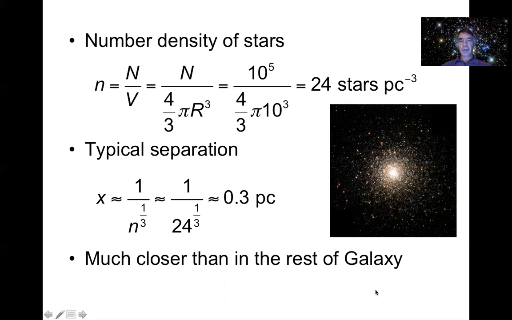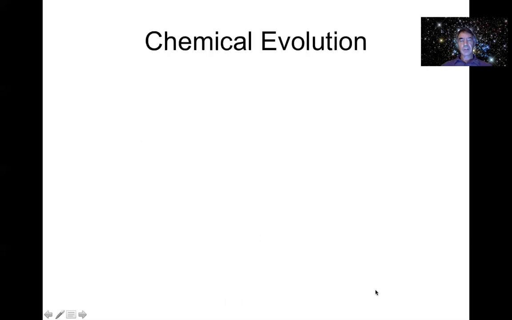to another interesting issue that I want to bring into this, because it's illustrated nicely by these two types of clusters, the open clusters and the globular clusters. This is another aspect of evolution.